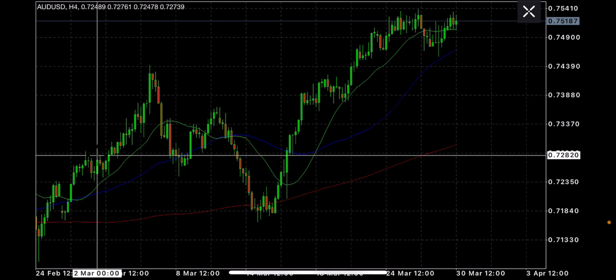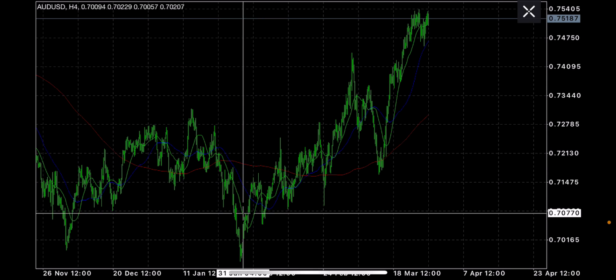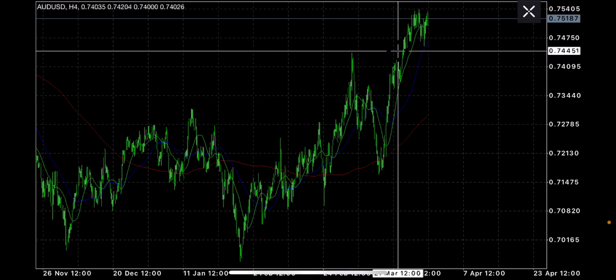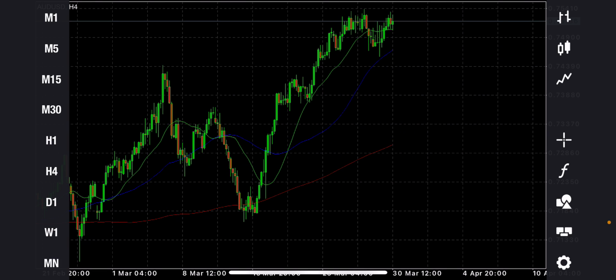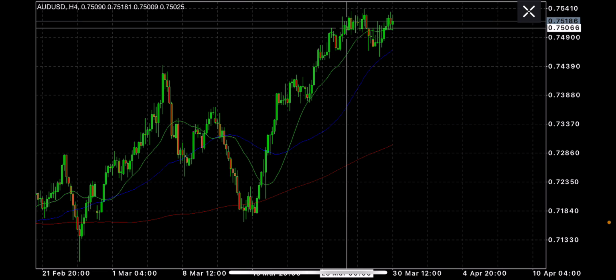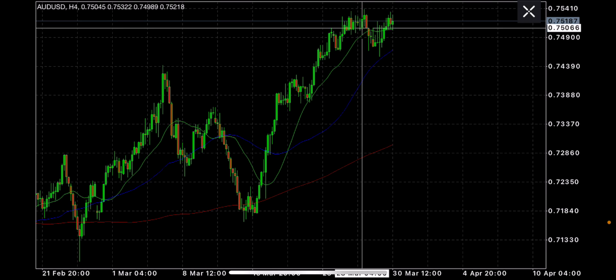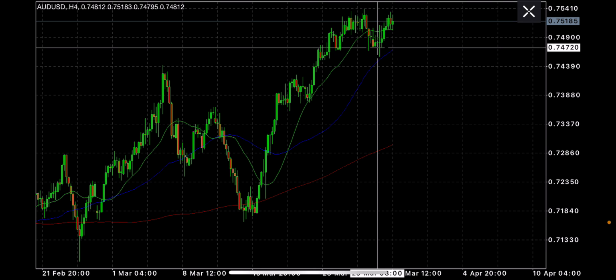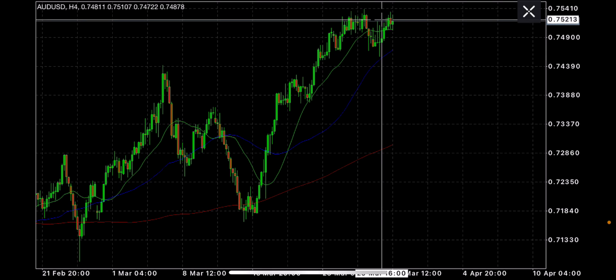Okay, so as we can see, we were in an uptrend for quite some time. Okay, and now we're getting shaky here. Now this is where we are since the beginning of the trading week. We did have an initial drop down in price. Then we started to somewhat pick up again, but we're really not going anywhere.